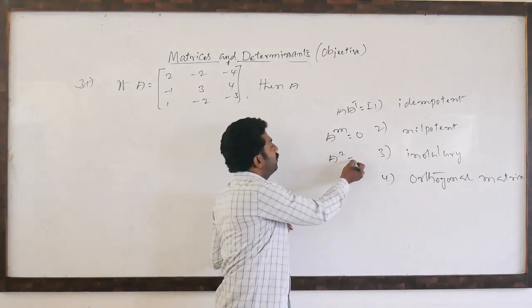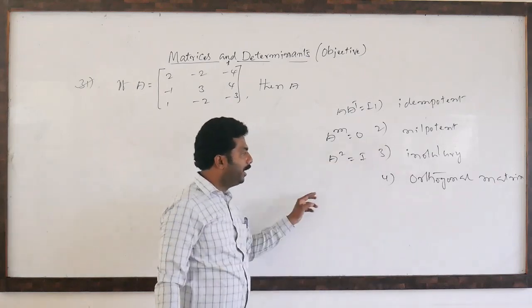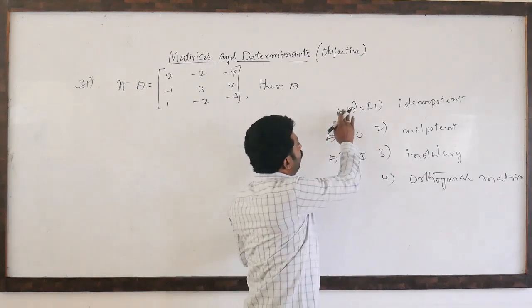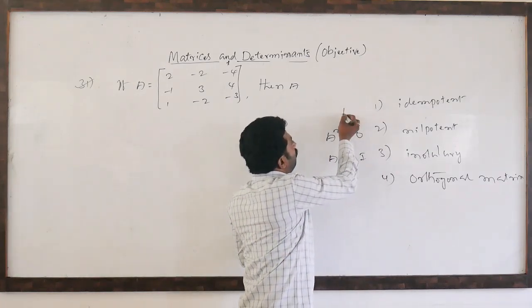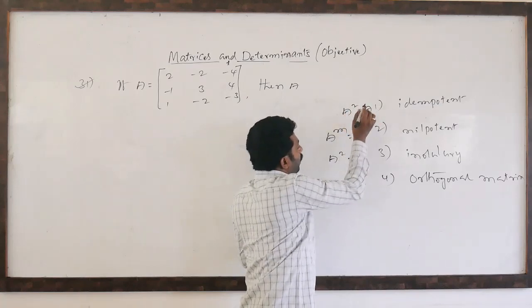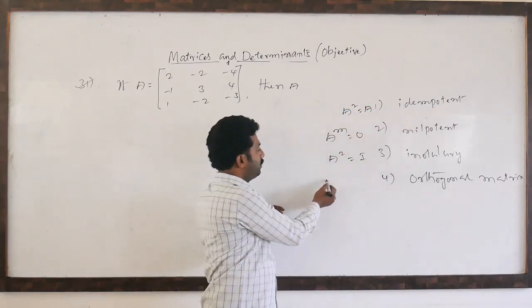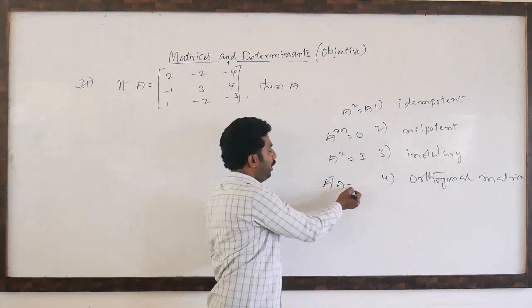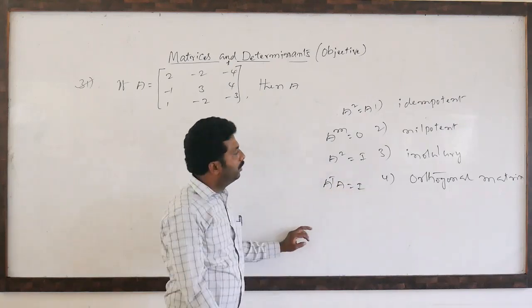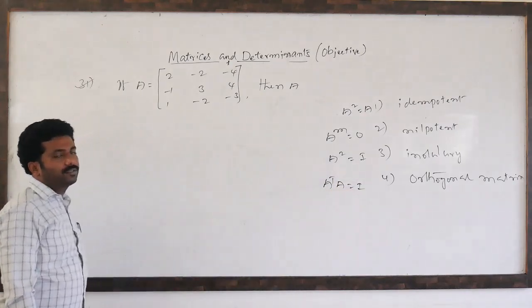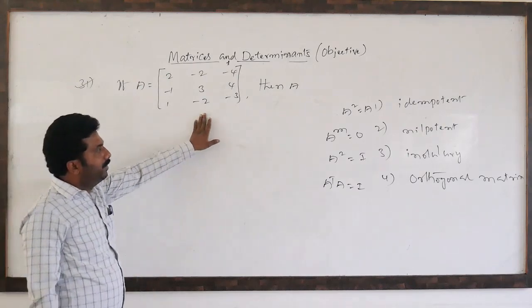Involutory means A square equal to identity. Orthogonal means A transpose A equal to identity. So these are the conditions we are going to use.